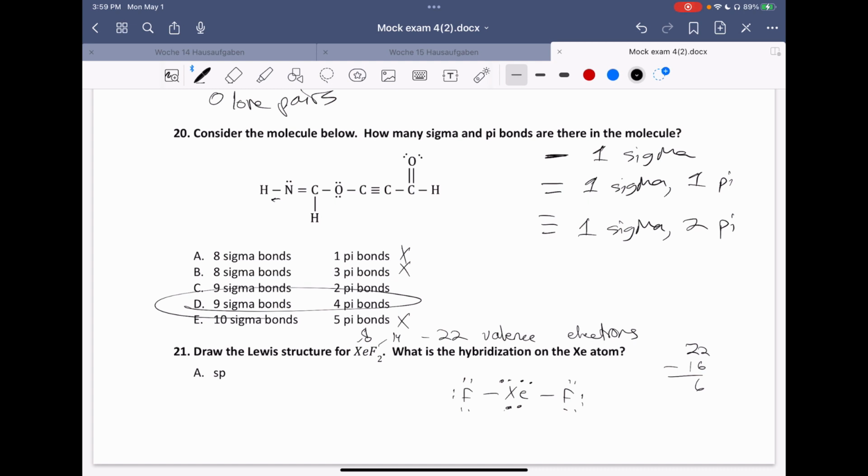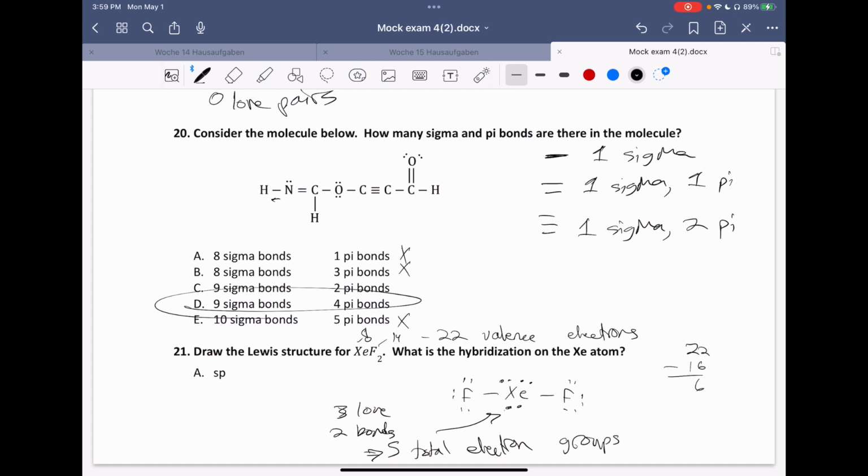All right, and so when looking at hybridization, it's really just counting electron groups attached to that atom. So we see that xenon has 3 lone pairs, 2 bonds, which means that there are 5 total electron groups.